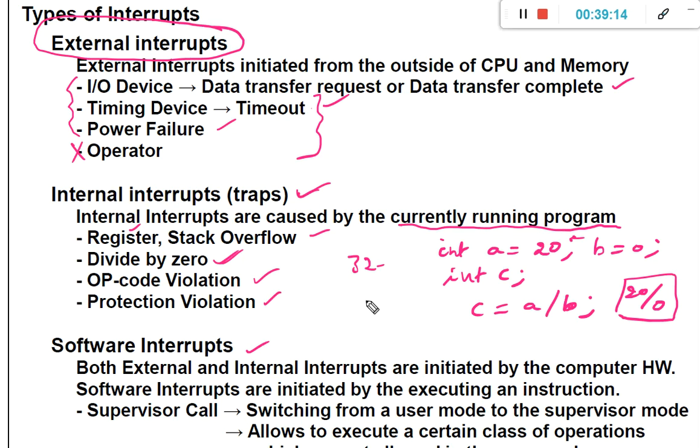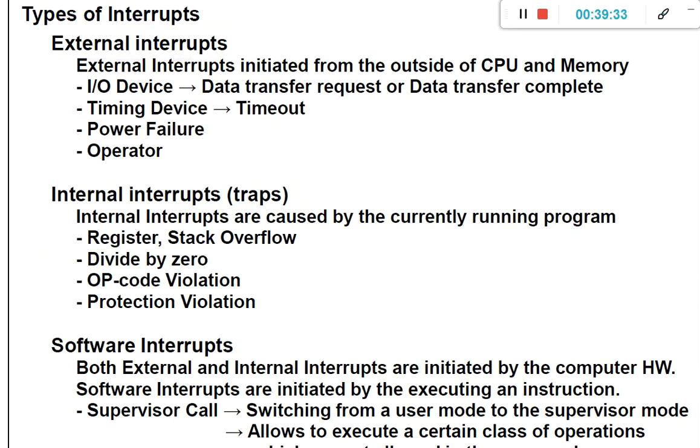However, if the user tries to access those registers, a protection violation interrupt occurs. These are all the interrupts that occur from the currently running program. If the currently running program is doing some illegal operation, we get these internal interrupts, which are called traps.